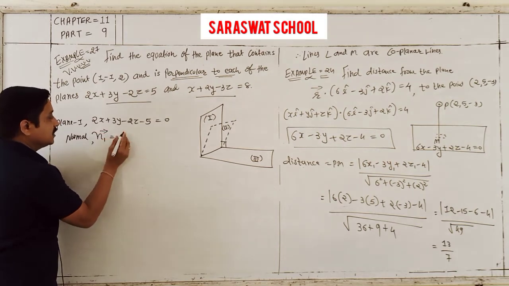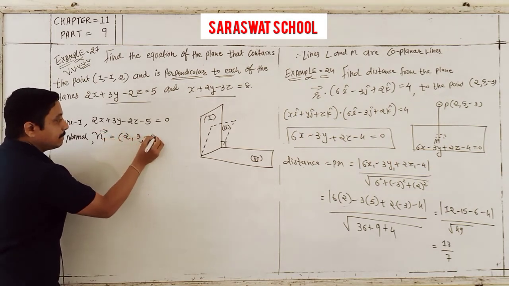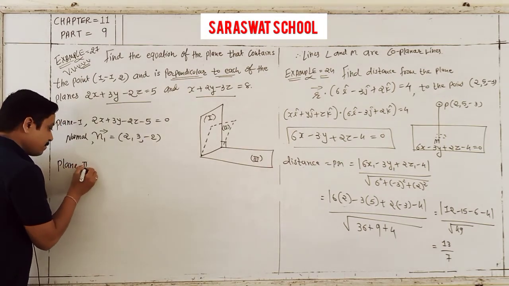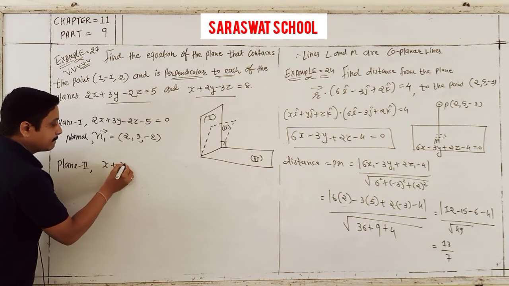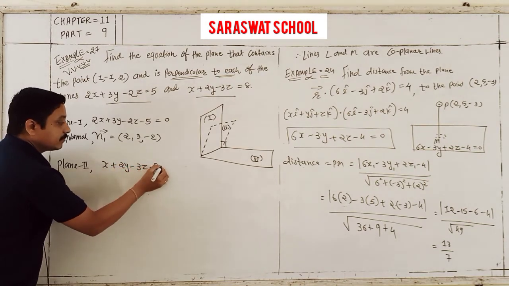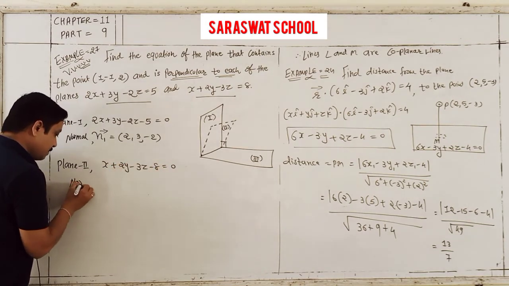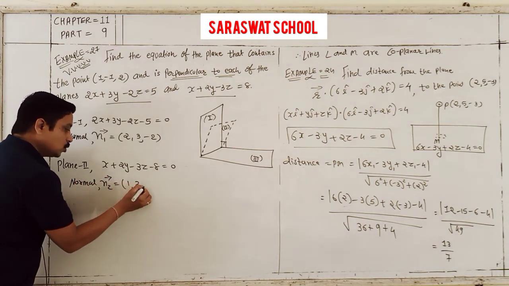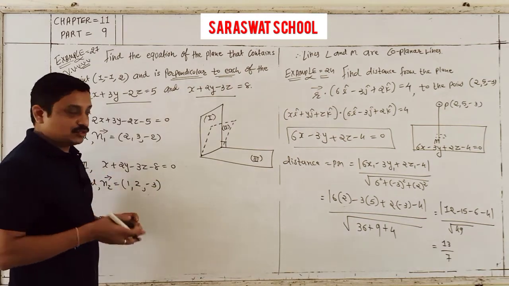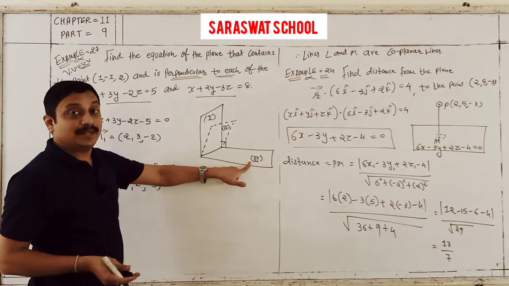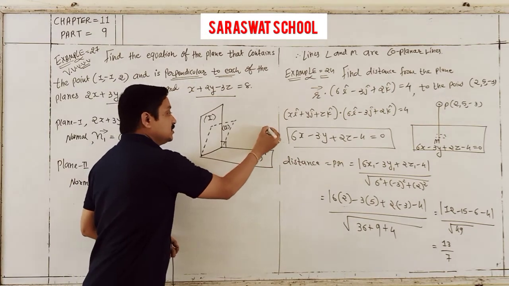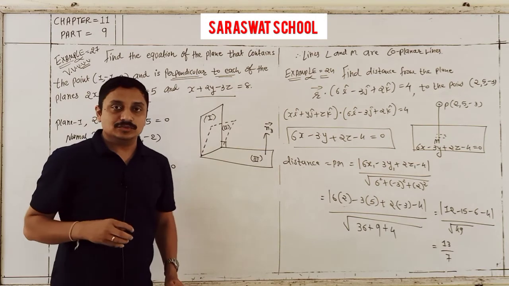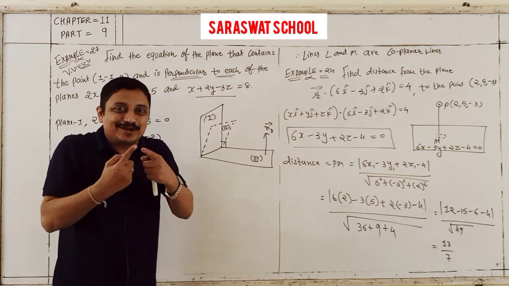The normal n1 is 2, 3, minus 2. Same for plane 2, students: we have plane x plus 2y minus 3z minus 8, and here the normal n2 is 1, 2, minus 3. I want the normal of the third plane, which is n3, perpendicular to plane 1 and plane 2. It is simple, take the cross product.